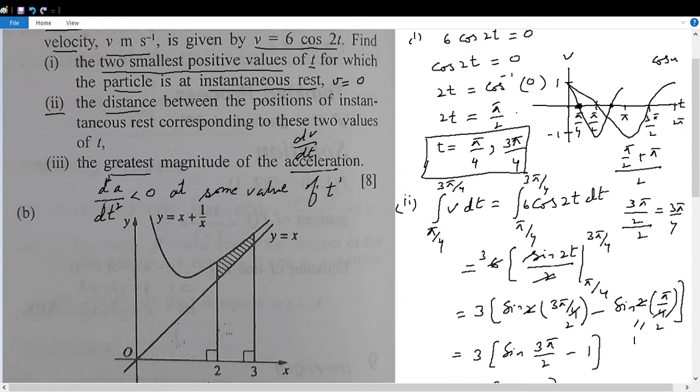Acceleration is basically dv over dt. So for this value we will find out, and here we will get the answer.